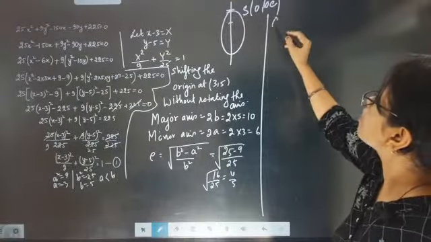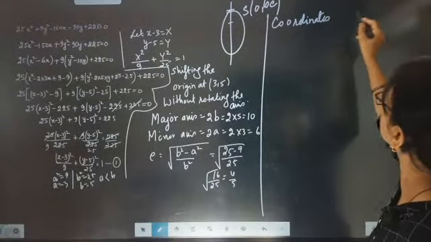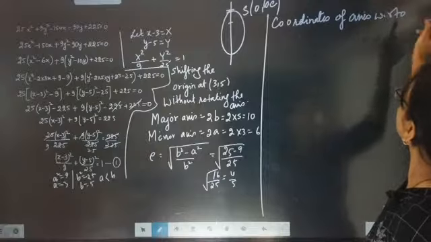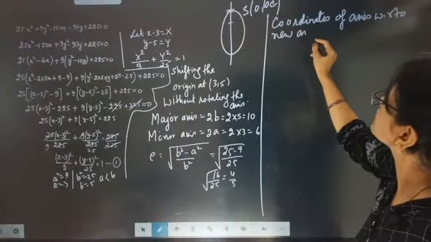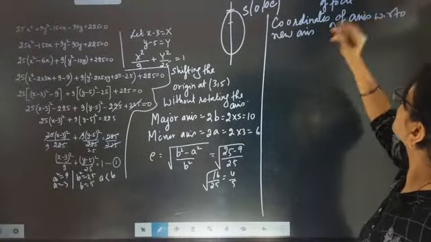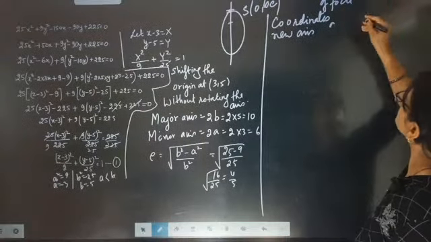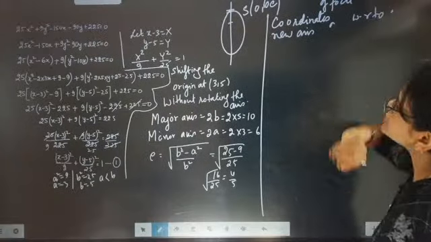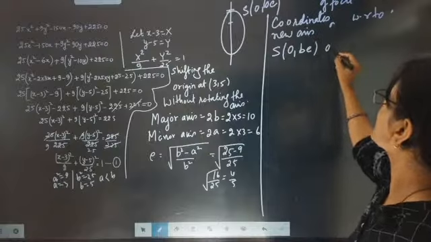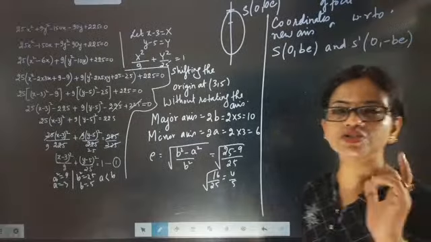So now, coordinates of foci with respect to the new axis. The foci will become S as 0 comma be and S dash as 0 comma minus be. Only this much duty we have to do.